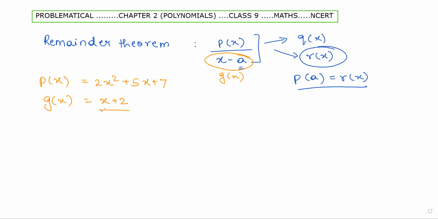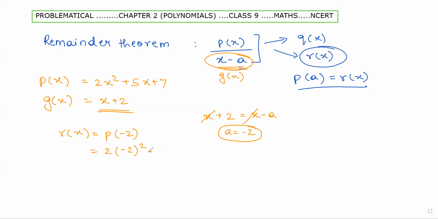Now, if you compare this x plus 2 with this x minus a, which means you're equating them, a will be equal to minus 2. So here, r of x means you have to calculate p of minus 2. The value of p of minus 2 is the value of your remainder. So let's calculate it.